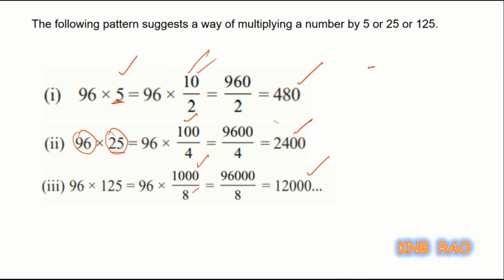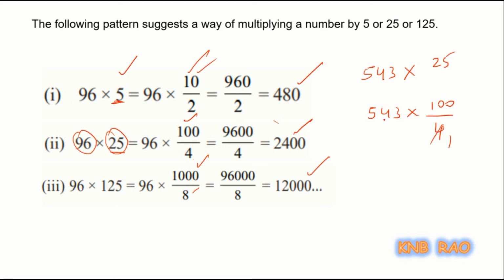Suppose let us take 543 only. It is an odd number and you are multiplying by, let's say, 25. So what I will do, 543 into 100 by 4 I will do. Now since this number is divisible by 4 only when I take decimal point, we will take that.